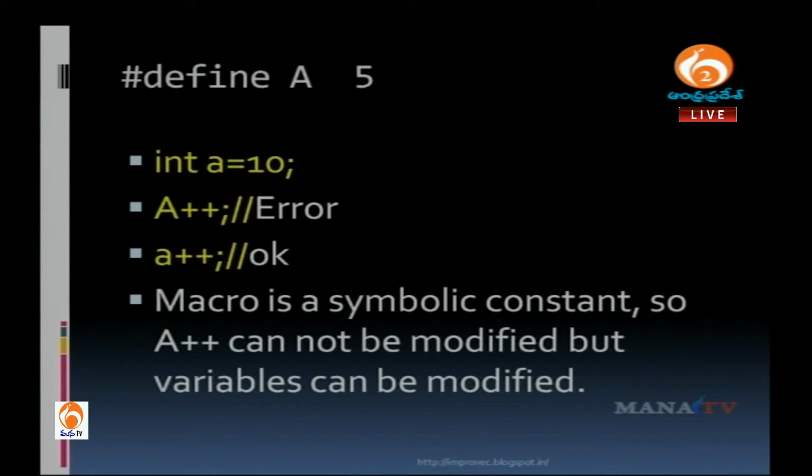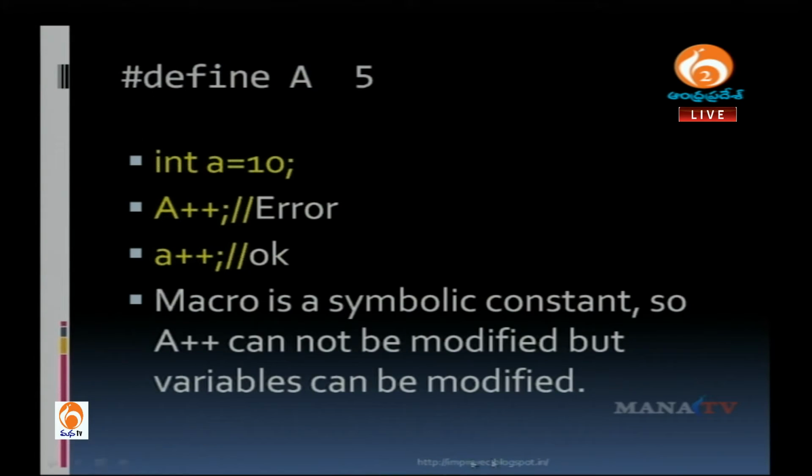Capital A plus plus means I am trying to modify the macro value, so it leads to error, because whenever you define a macro value, it remains a constant throughout the program. Here A means the constant value 5 only. I cannot modify this value, so it leads to error. How can you modify it if it is a constant?